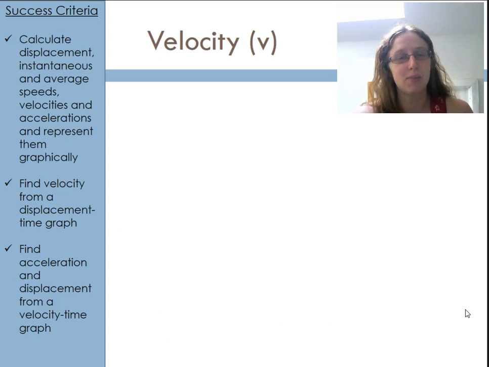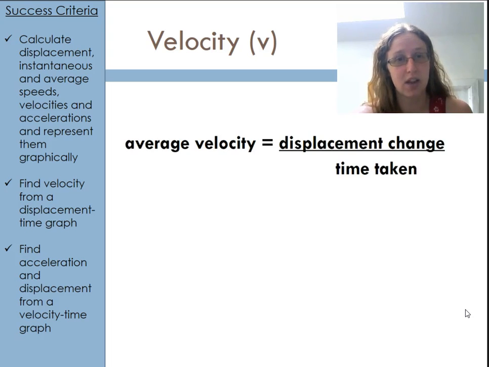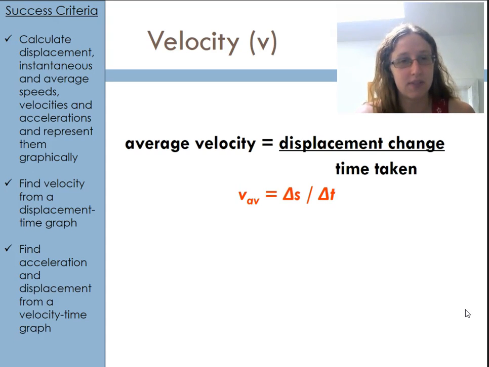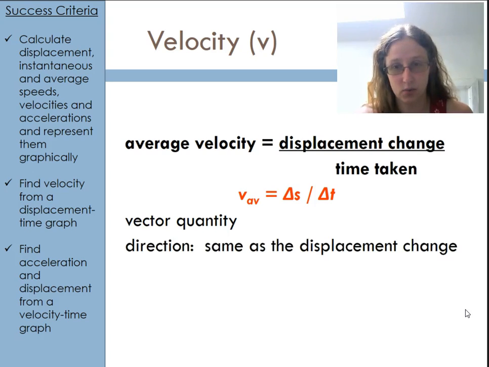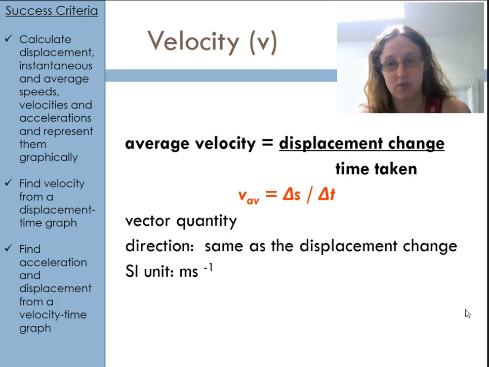Next we've got velocity, which also has the symbol v, which might seem a little confusing, but by context you should always know which one it is anyway. Average velocity is just displacement change over time taken. So for this one, I've got delta s by delta t. It's a vector quantity, and the direction is the same as the displacement change.